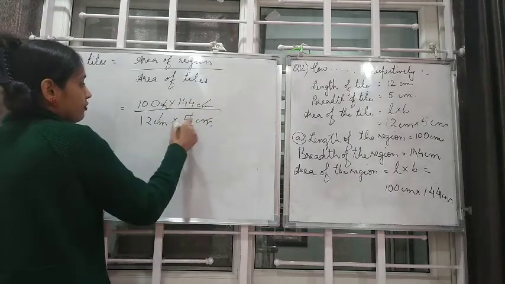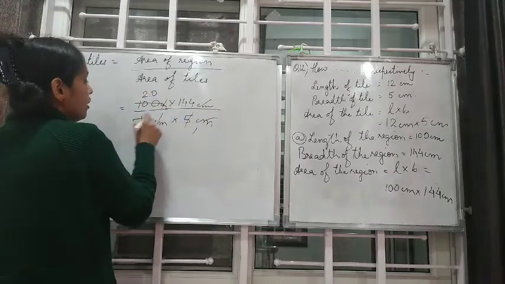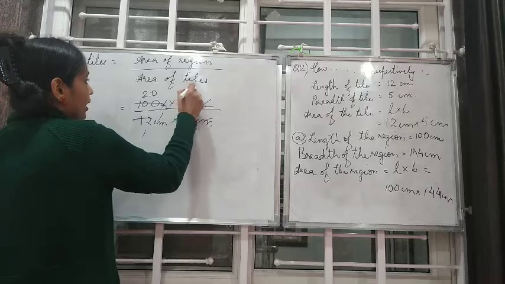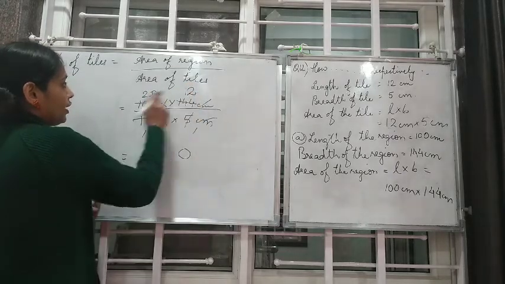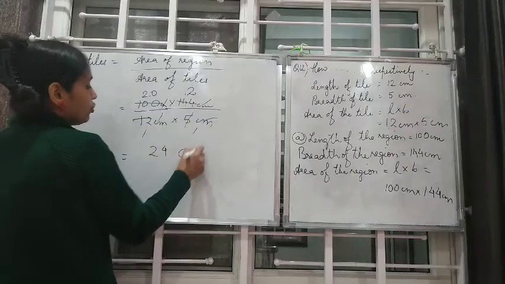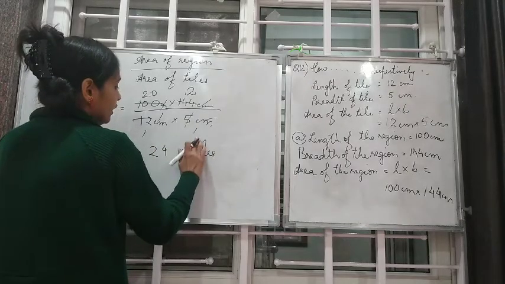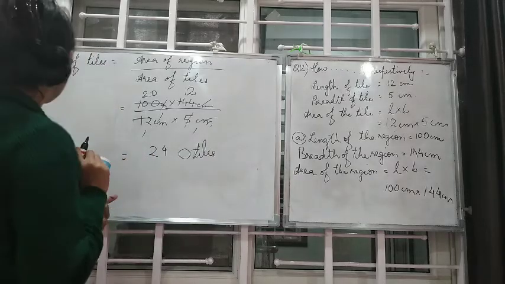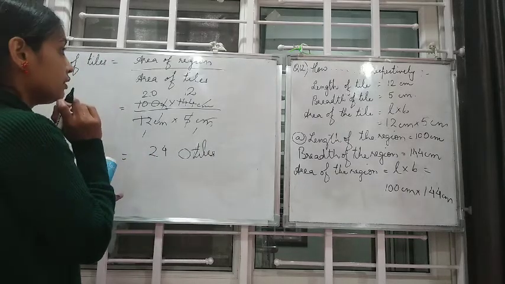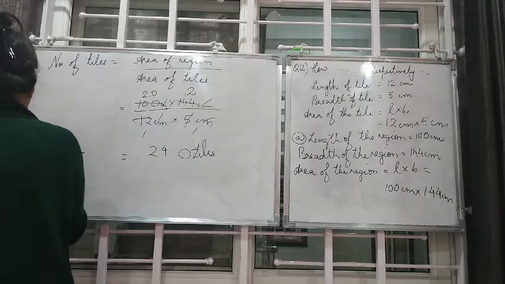Centimeter gets cancelled. 5 ones are 5, 12 ones are 12, 12 zeros are 0 and 12 twos are 24. So 240 tiles. Okay? This completes A. Then we start with B.